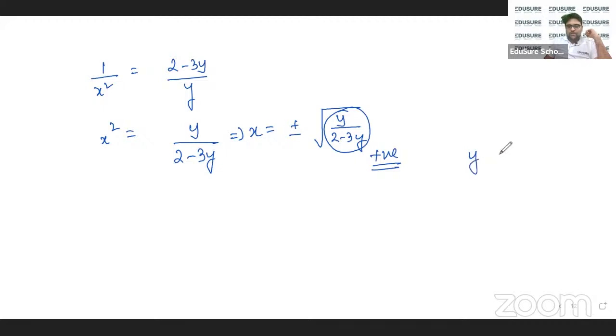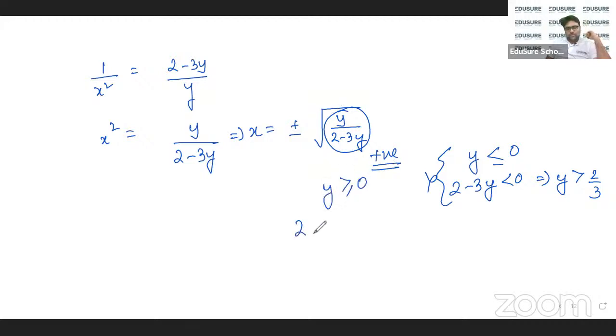That means either both are negative. How can y be negative and greater than 2 by 3? Not possible. Therefore, both have to be positive: y less than 2 by 3 and y greater than or equal to 0.